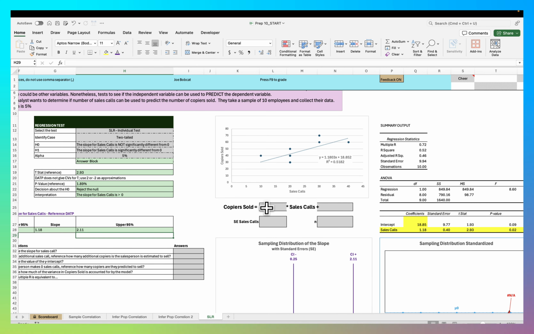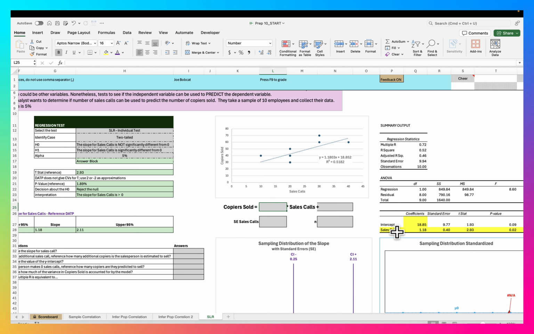So here in the middle, we're actually being asked to identify the equation. It's this equation here, but we want to identify it from this output. So copier sold is equal to something times sales cost, because sales cost is the x, plus the intercept. So what's times sales cost?